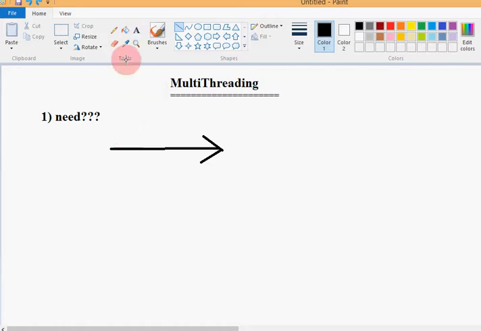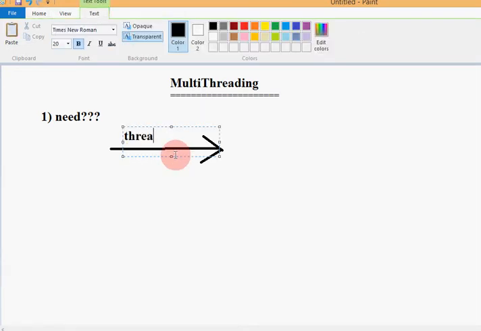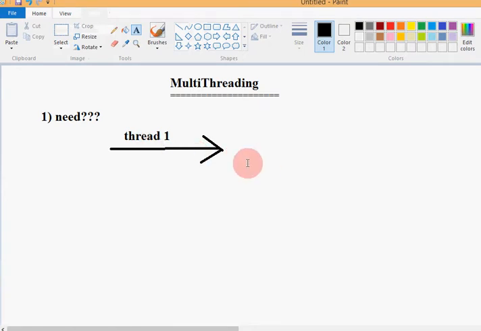I call this request thread one. After thread one completes, then thread two executes. In between, there is some gap, and in this gap the CPU idle time is not used. The CPU doesn't use that amount of time.